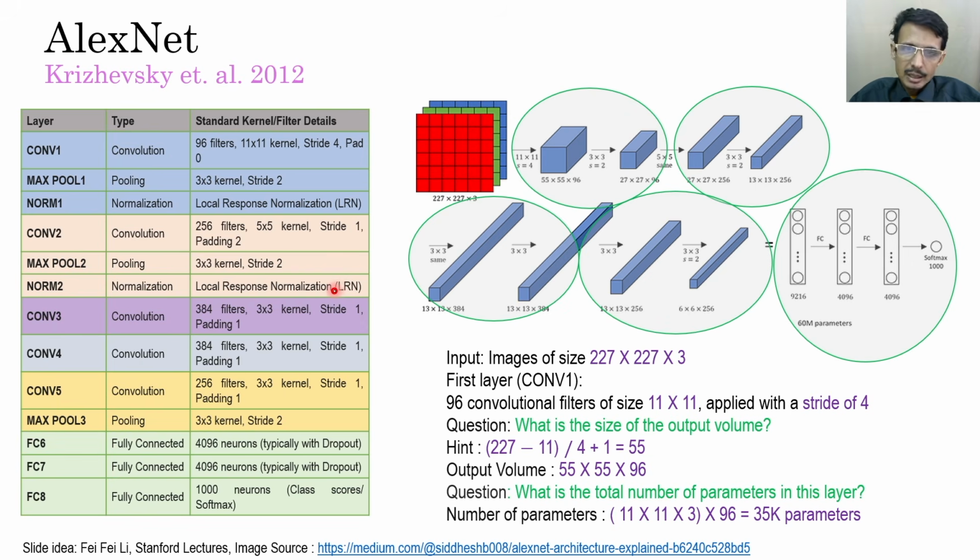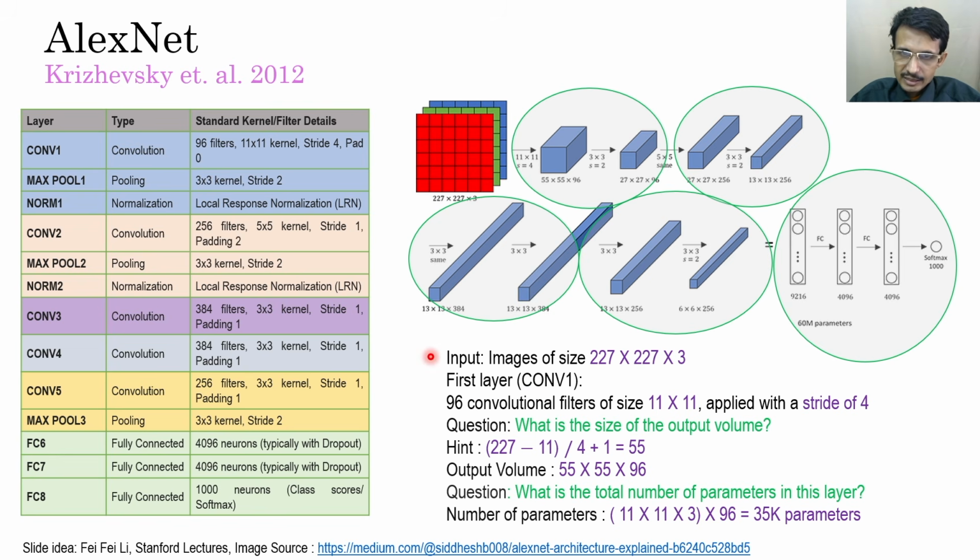Now here is some recollection of our concepts. As we see, our input is 227 cross 227 into 3, and the first layer is convolution. Now 96 convolutional filters of size 11 cross 11 are applied with stride 4.